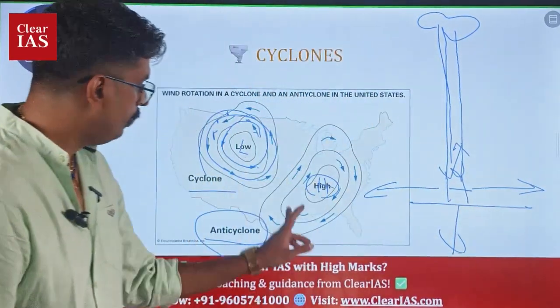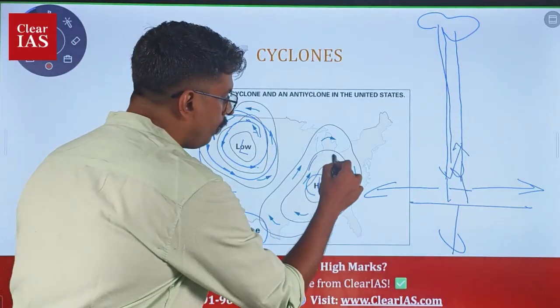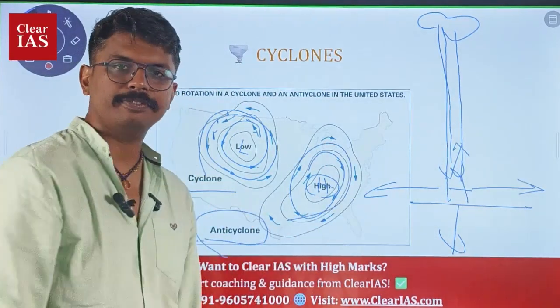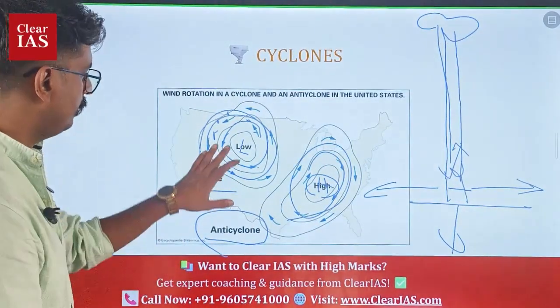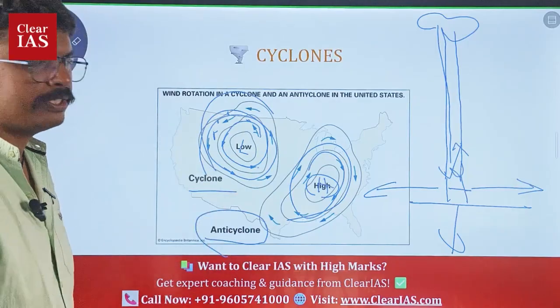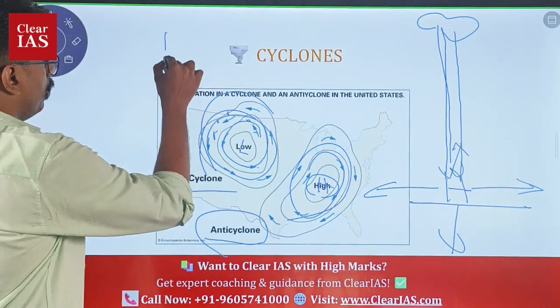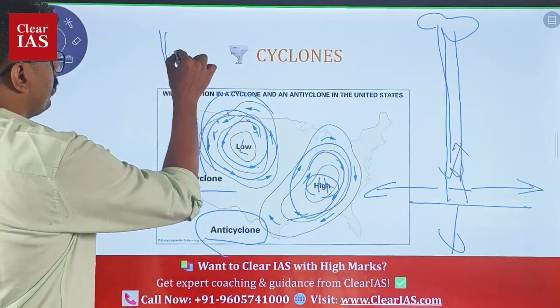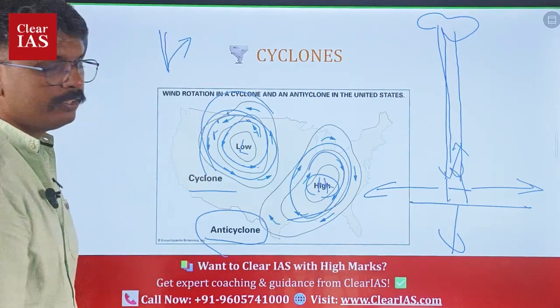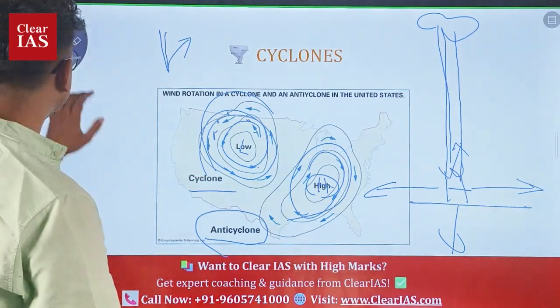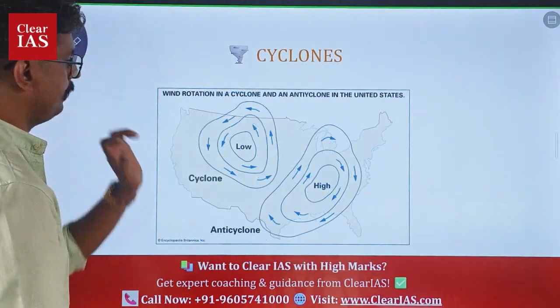So anticyclone will move in a clockwise direction in the northern hemisphere, cyclones anti-clockwise. If you remember Ferrel's law, deflection to the right in the northern hemisphere, then you can derive all these directions.